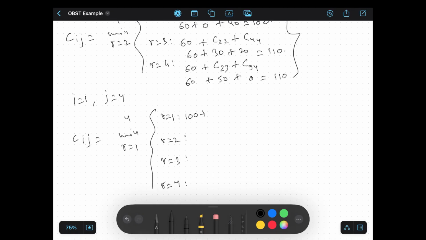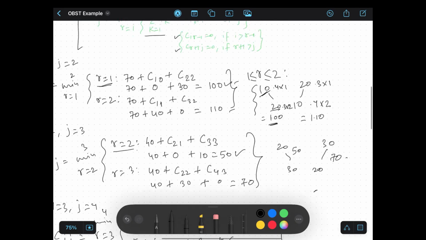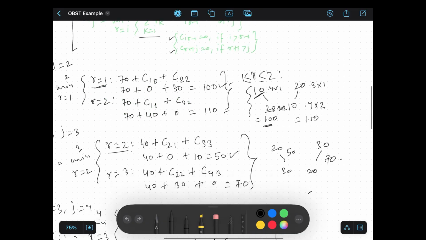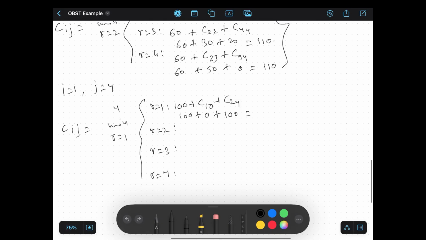So 100 plus cost of i, 1 and r minus 1 is 0, plus cost of 2, 4, which is 100, plus boundary condition plus 2, 4. 2, 4 is 100. So this is 200.